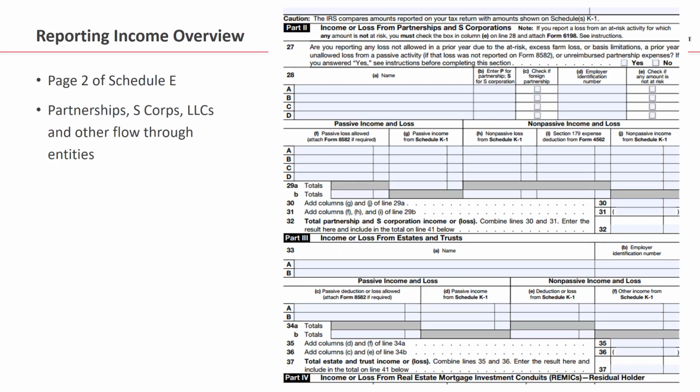On the back page of Schedule E is where you pick up income or loss from partnerships and S corporations. An LLC is either treated as a corporation or a partnership for tax purposes, and it would end up in a different place depending on that choice. If you treat it as a partnership, it's coming here through Part 2. We don't really do estates and trusts in this class, but potentially you could own an estate or a trust, and it would have flow-through income as well.